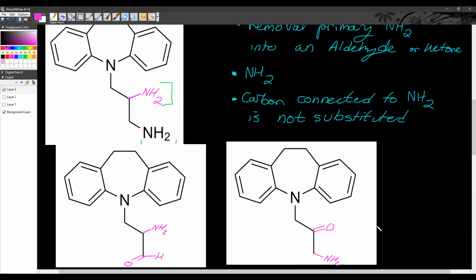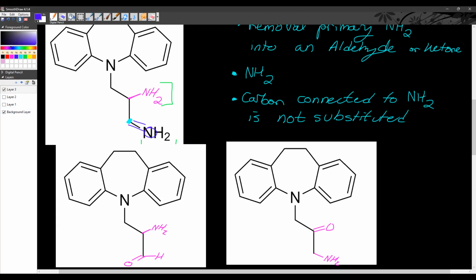So if you're not really sure how to do this, the rule of thumb is put a dot on the carbon that the primary amine is connected to, and convert this into C double bonded O. That's all you need to do. Put a dot on the carbon it was originally connected to, and do C double bonded O.